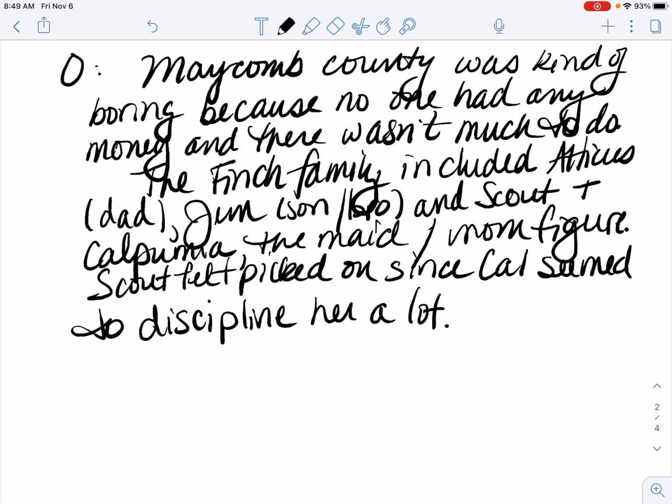Okay, so that's my quick summary of what we just read there. Maycomb was kind of boring because no one had anything to do, or money, and then the rest about the Finch family.